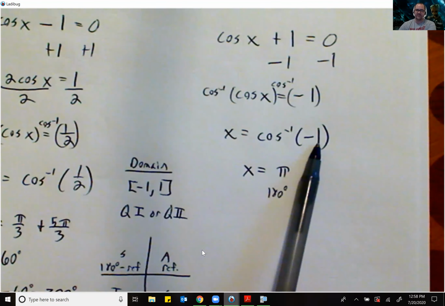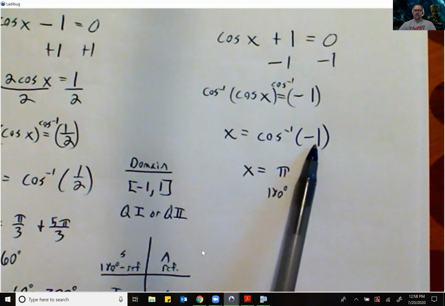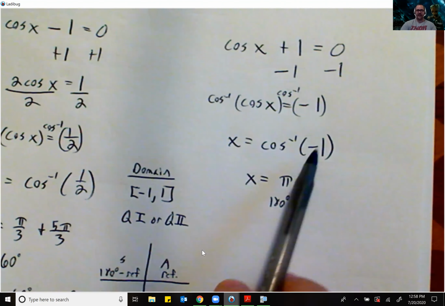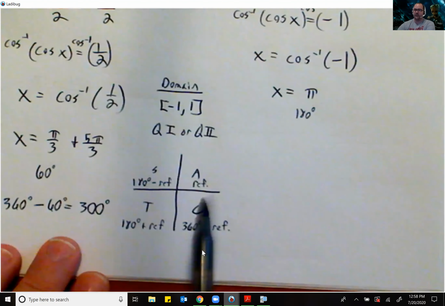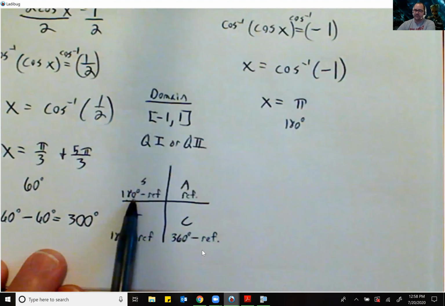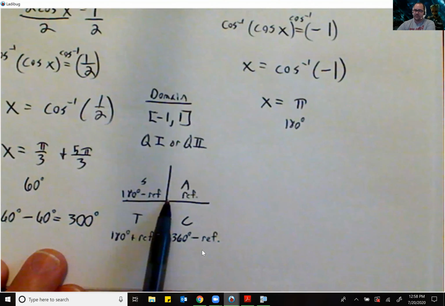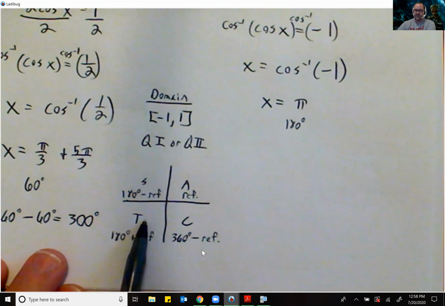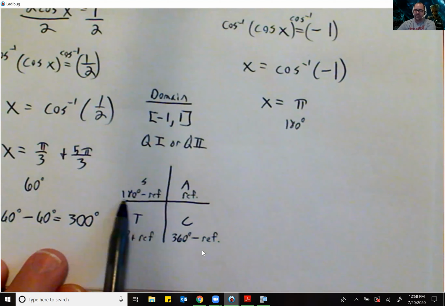Is there another place where x can be -1? No. And again, if we look at my little map right here, 180 degrees actually falls on this line. There's no other place. It doesn't fall in quadrant 2. It doesn't fall in quadrant 3. Since it's on this line, there's no other place where it will be negative.